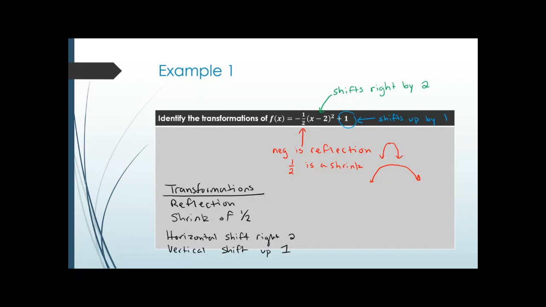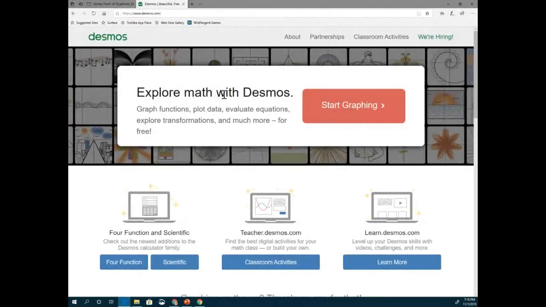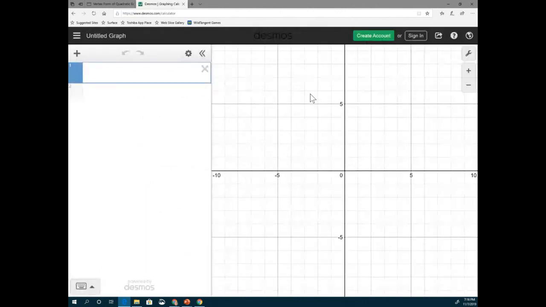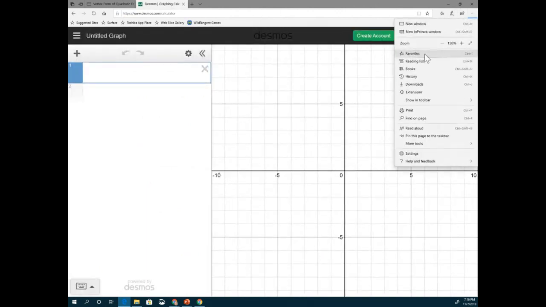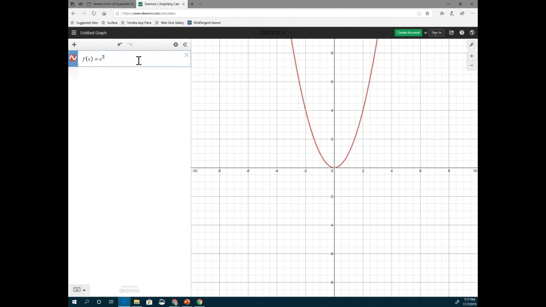So I'm going to bring up Desmos so I can show you these transformations. This is zoomed in quite a bit. Okay, so our parent function for a quadratic is always x squared. So I'm going to just write f of x equals x squared.